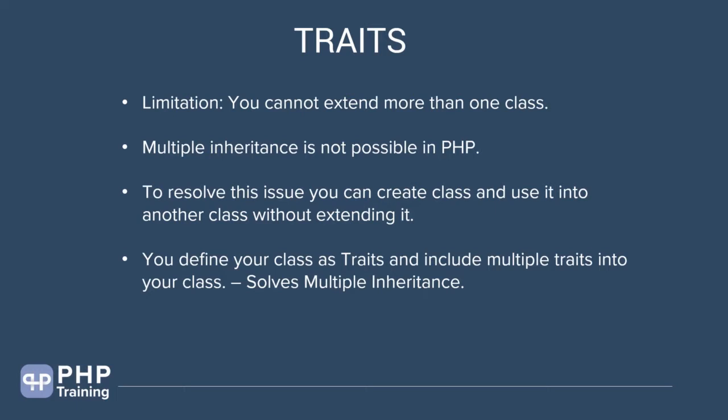You don't define it as a class, you define it as a trait, and you can include multiple traits into your class, which solves multiple inheritance. So instead of defining a parent class, you can define a parent trait and then include it into your classes. You can include them as many times as you want. It's like solving the multiple inheritance problem. So let's look at an example and understand how to define and include them.